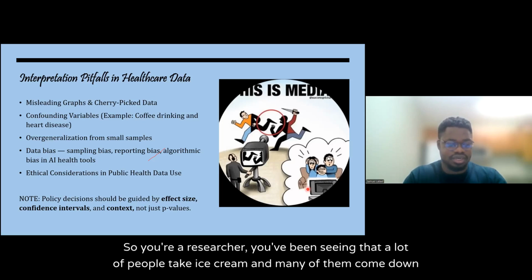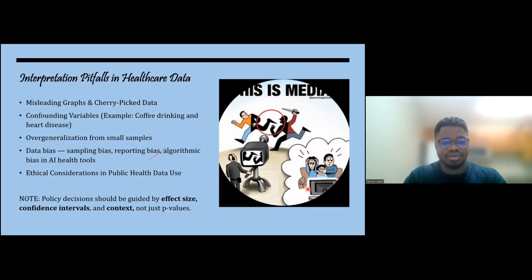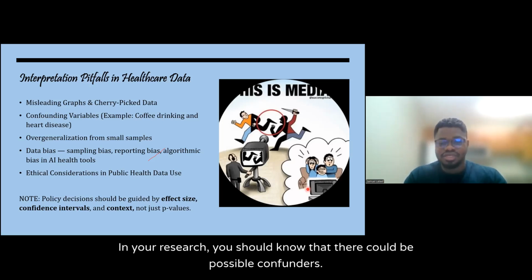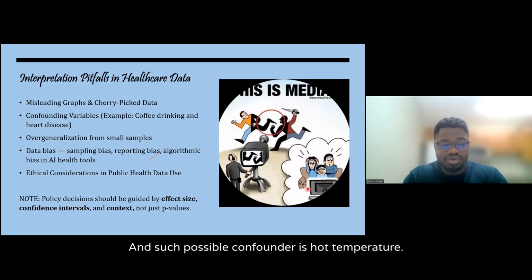So you're a researcher. You've been seeing that a lot of people take ice cream, and many of them come down with sunburn. So you set out to research, is there a relationship between ice cream and sunburn?